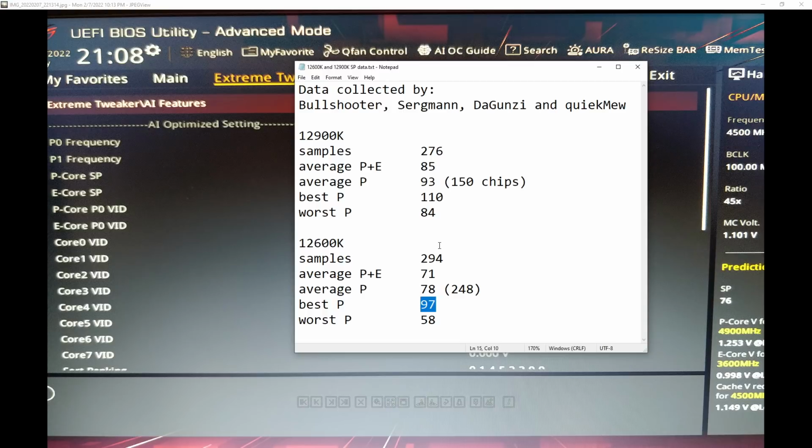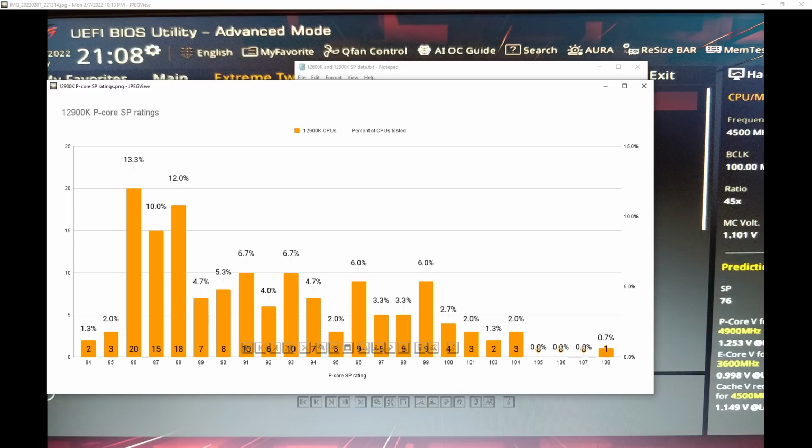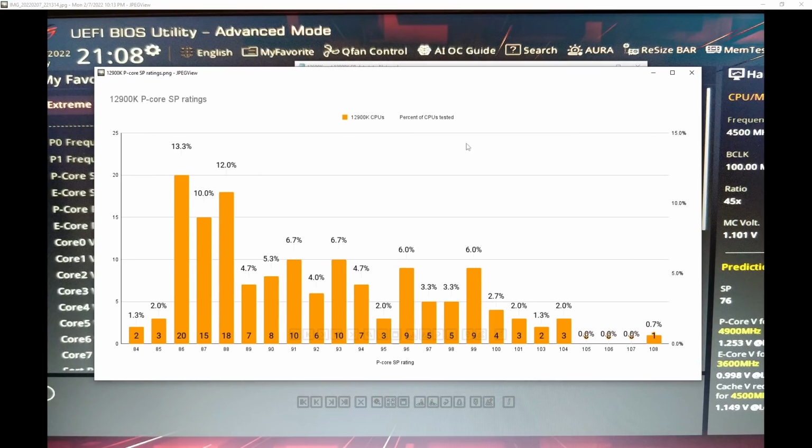This is a lot better than my 12900K for the P cores. Anyway, I did go ahead and make some graphs of these statistics, so let's take a look at those. We're going to start with the graph for the 12900K, which, you'll notice, is very, very lopsided.